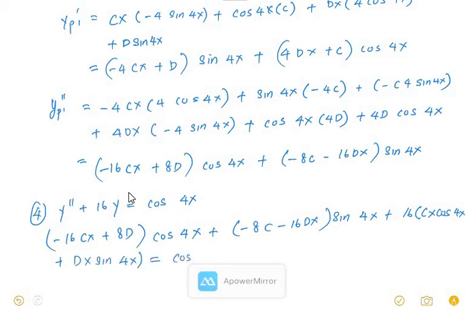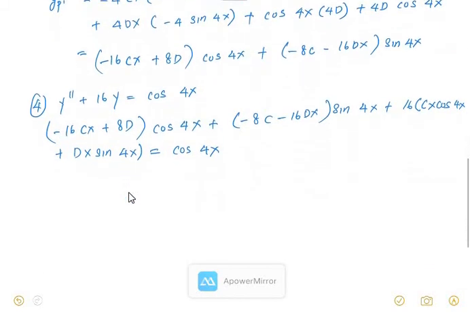Equal to cos 4x. Now we can compare the coefficient. Let's simplify it first before we compare it.